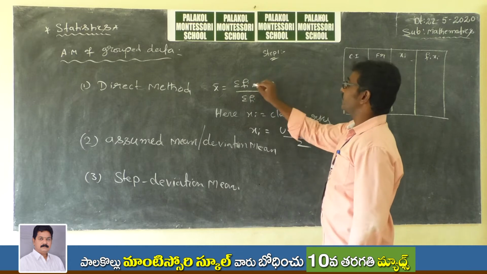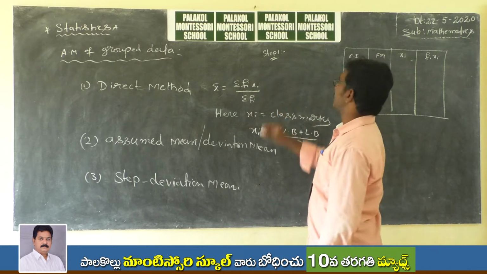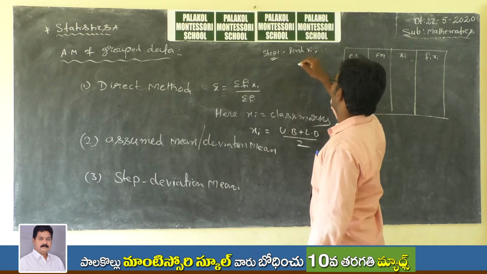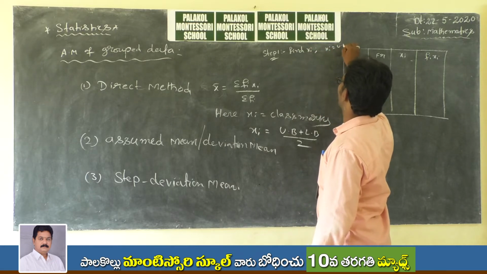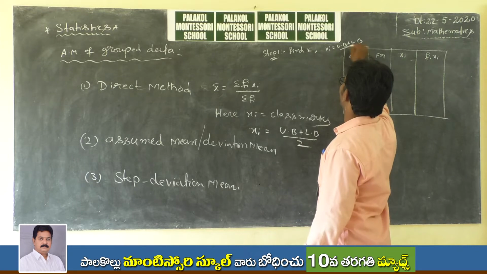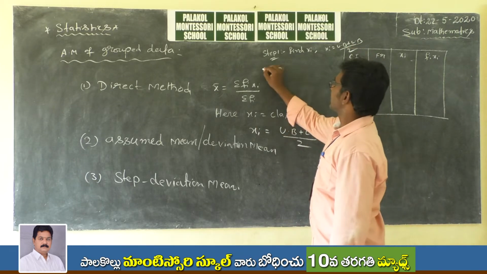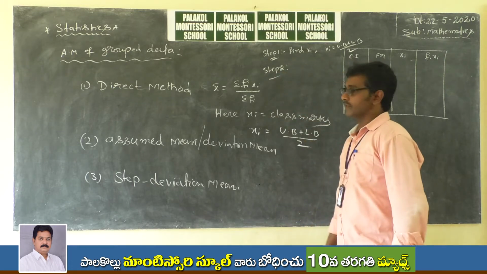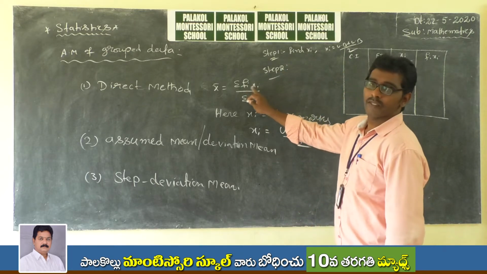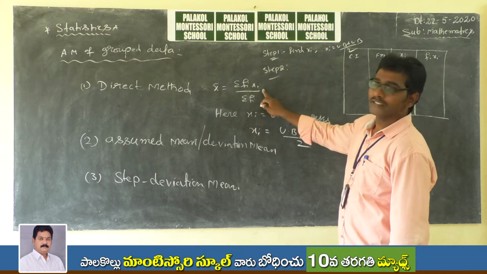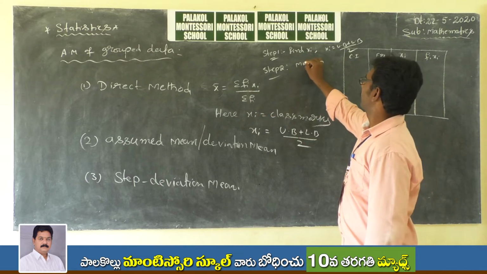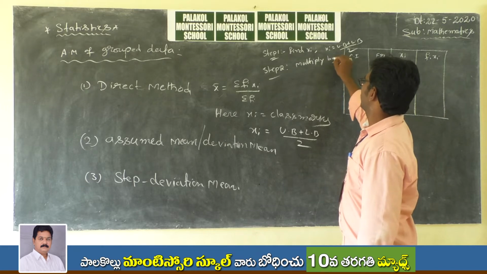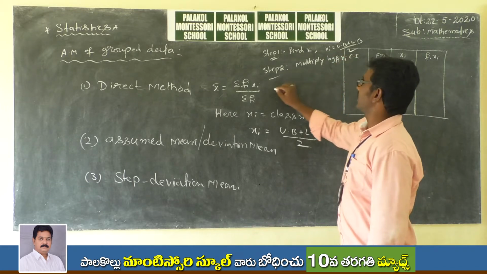Find xi. How? xi is equal to lower boundary plus upper boundary by 2. Step 2: multiply fi into xi, that is fi xi.